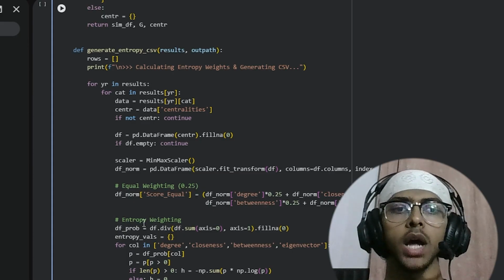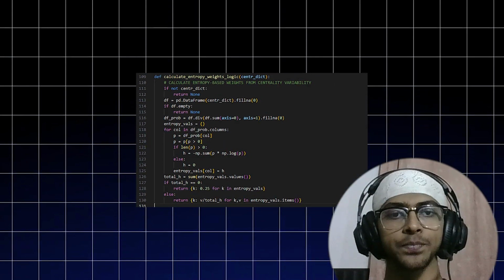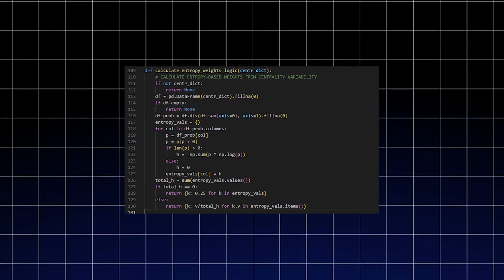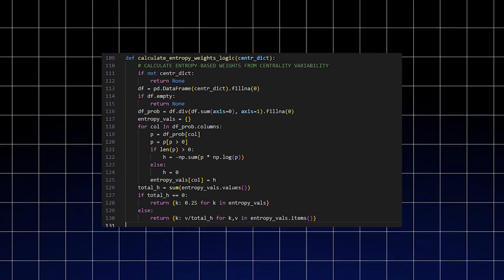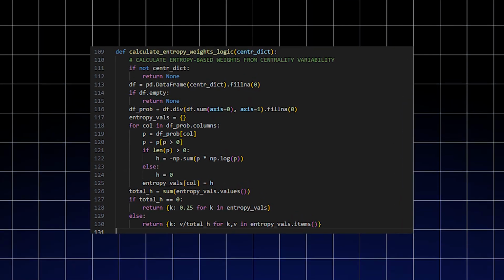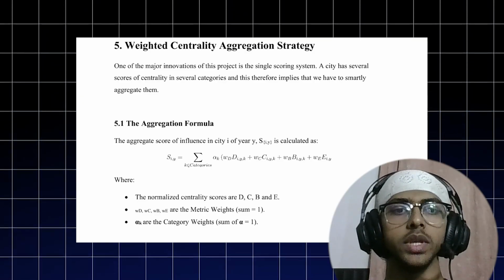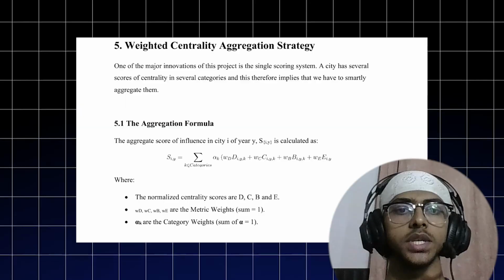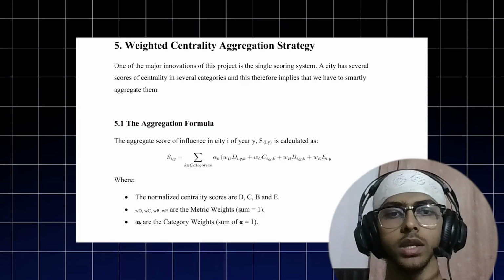We introduced a novel weighted centrality aggregation strategy. We combined these four metrics into a single influence score using distinct weighting techniques.